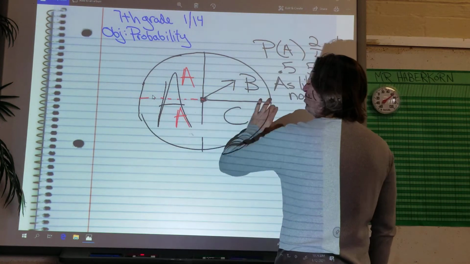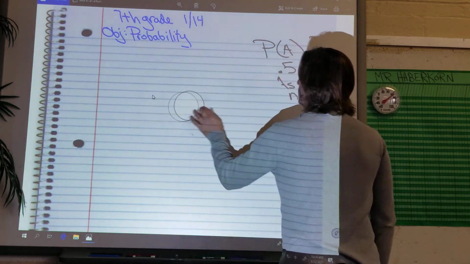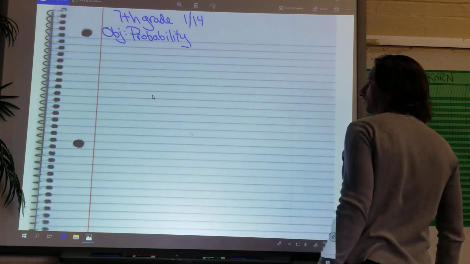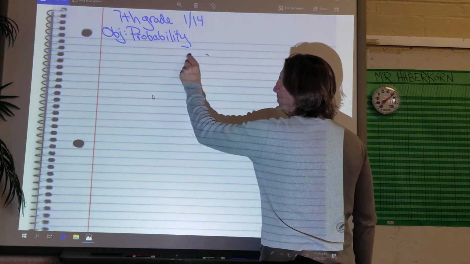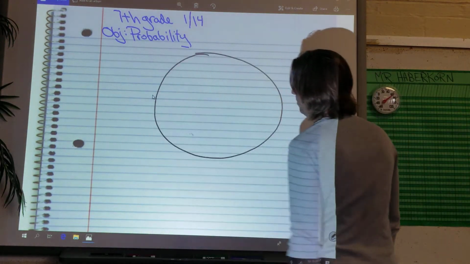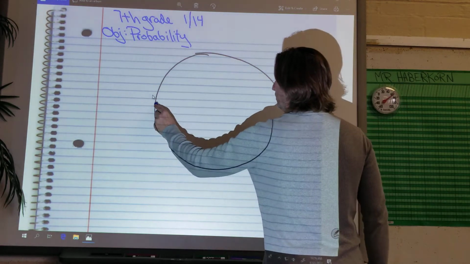So let's look at another one just like this. Another egg-looking circle.